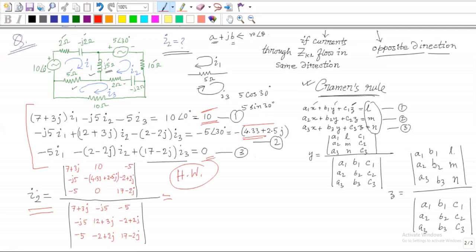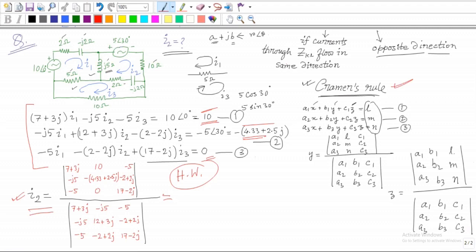You have definitely played with determinants and matrices before, so I hope you can find I2. This is the inspection method, using which 3 different mesh equations can easily be written, and then using Cramer's rule you can find any unknown variable.